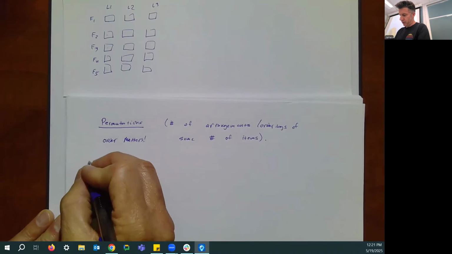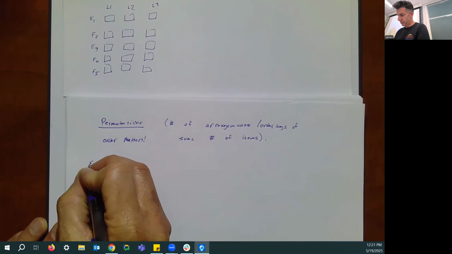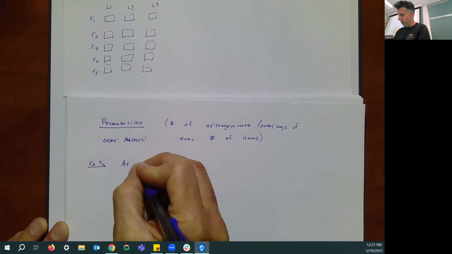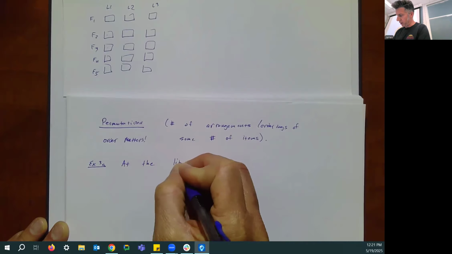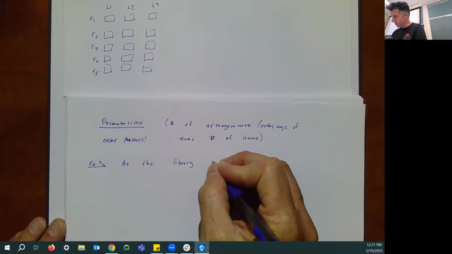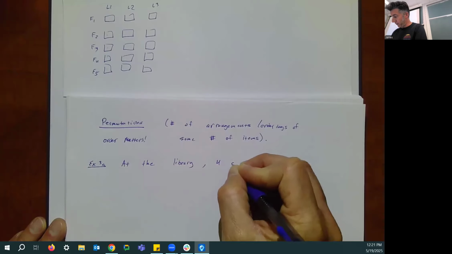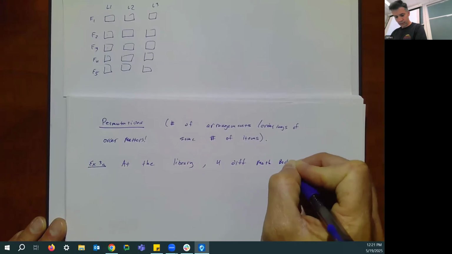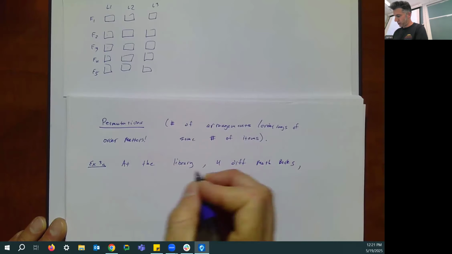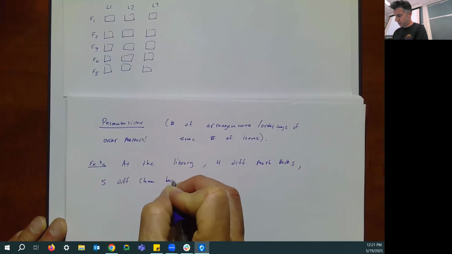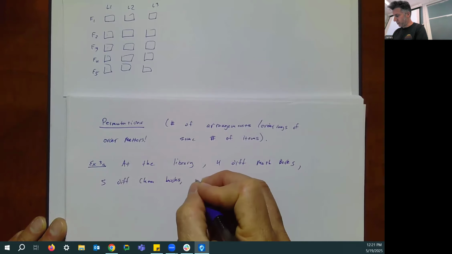So some examples. Let's say we're at the library studying math. We decide to walk around and look at the books for a minute, and we see on the shelf four different math books, five different chemistry books, and six different biology books.